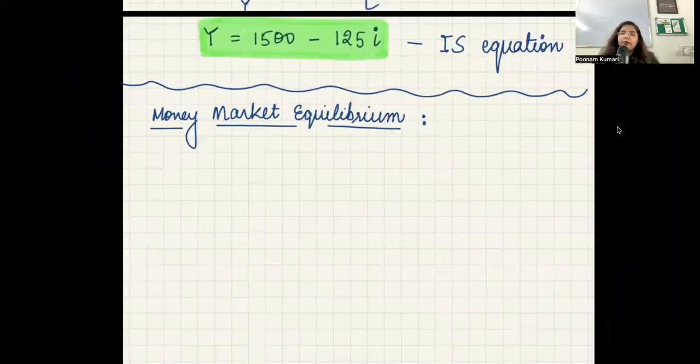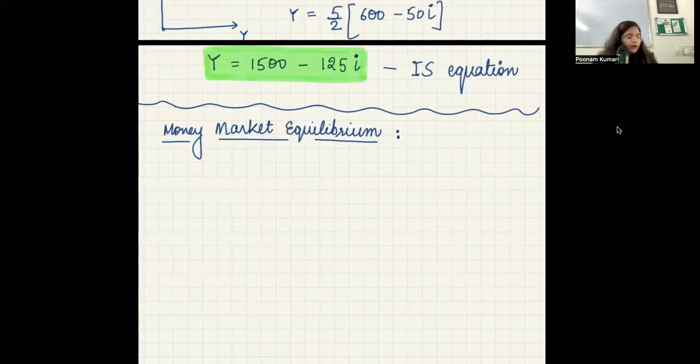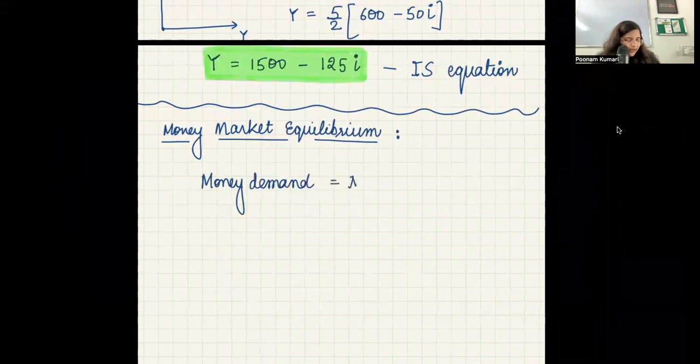So money market equilibrium में क्या होता है? आपका money demand should be equal to your money supply. ठीक है. So that is first thing.